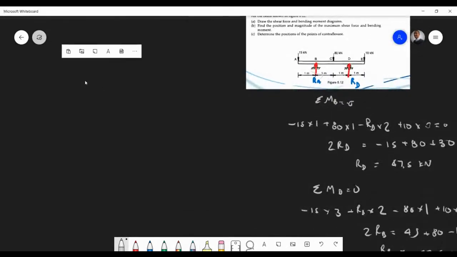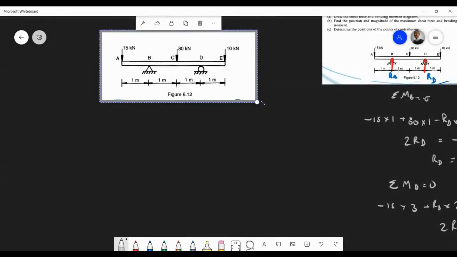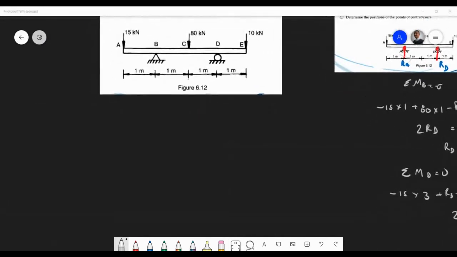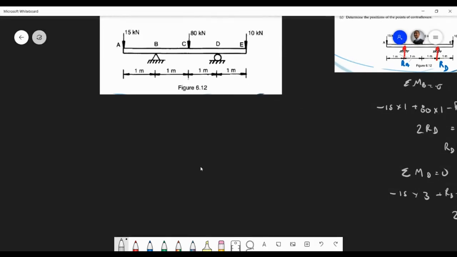And now this is where the new work starts. So what happens now? What do we do now?